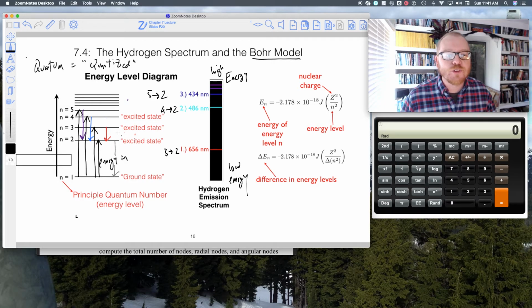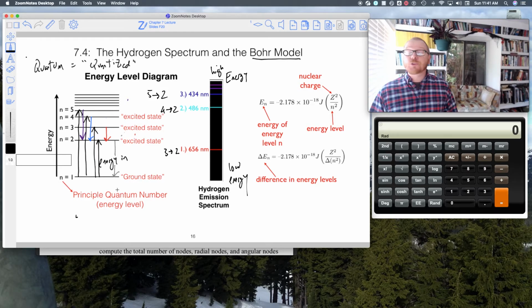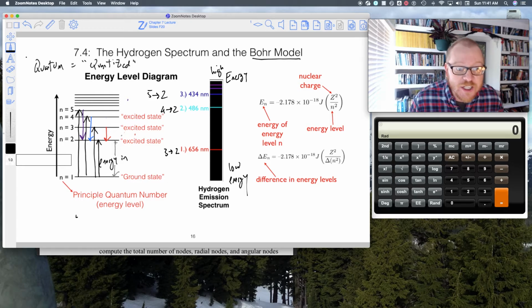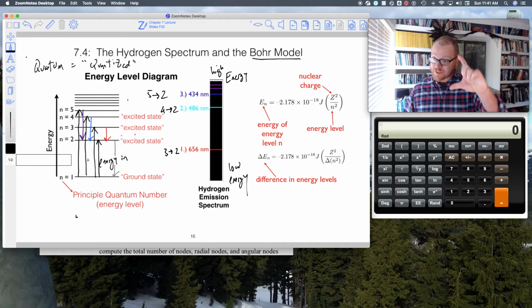So now what about level 2 to 1? Well, as it turns out, level 2 to 1 is ultraviolet. So that's such a big gap. And remember, the size of the arrow on this diagram indicates how much energy there is. So as it turns out, level 2 to level 1 has the biggest gap, and that's true for all things. So it actually gives you ultraviolet in the case of hydrogen.